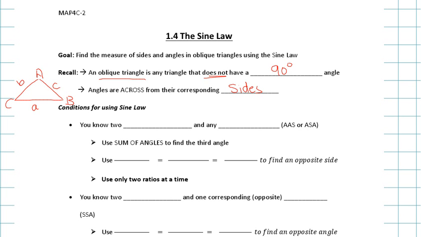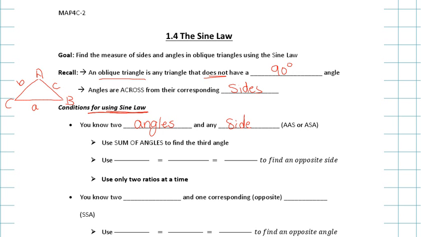Now, the question is, when can we use the sine law? The sine law can be used when you know two angles and any side. When you know two angles, can you tell what the third angle is?